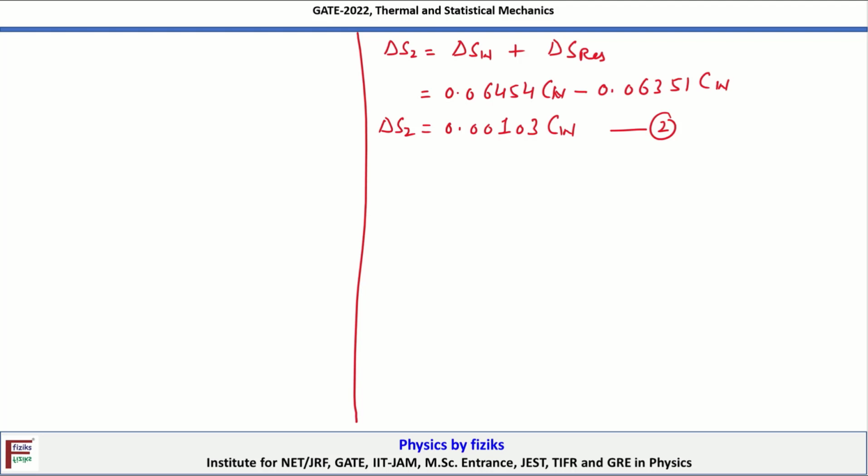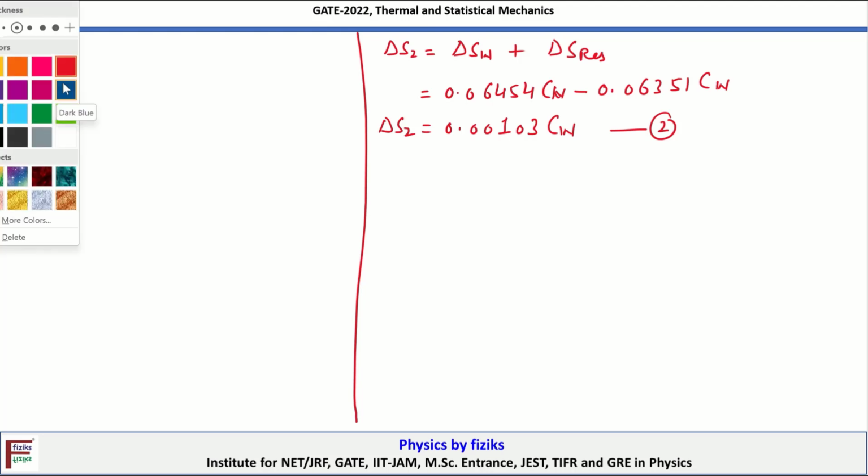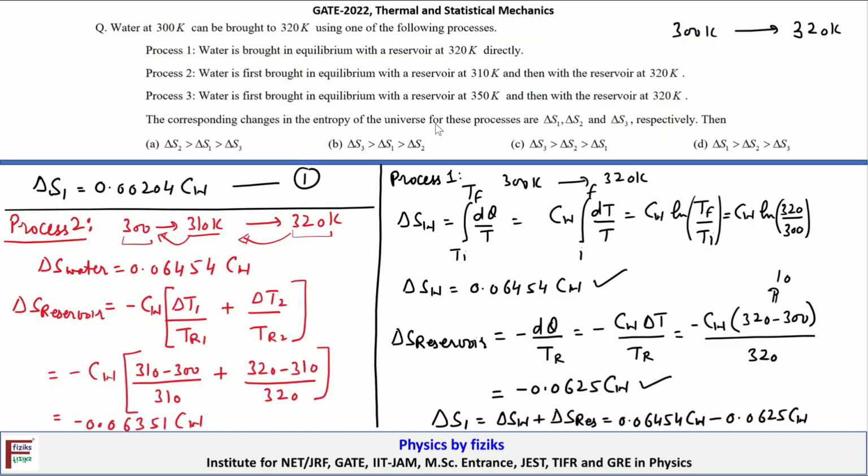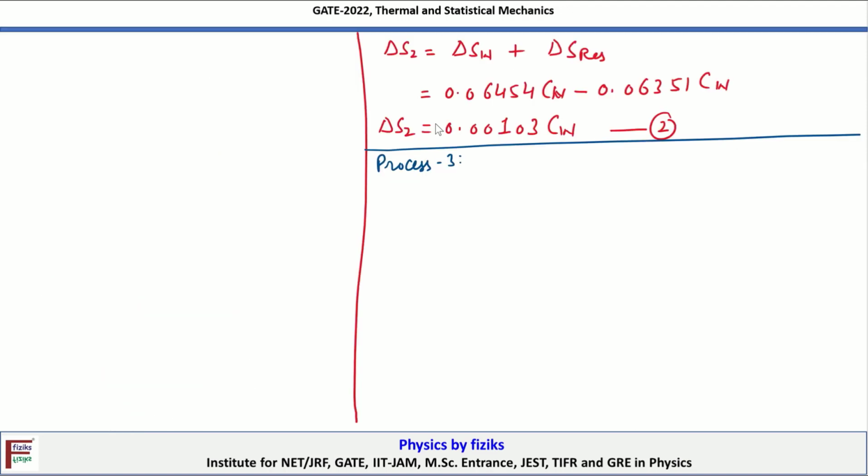Okay, so now the third case, that is process 3. In process 3, the temperature of the water is changed first from 300 to 350 Kelvin, and then it's brought back to 320 Kelvin.